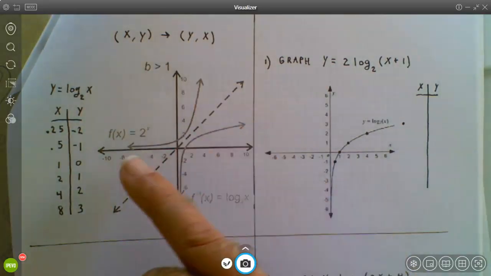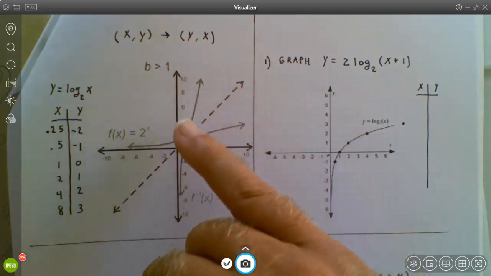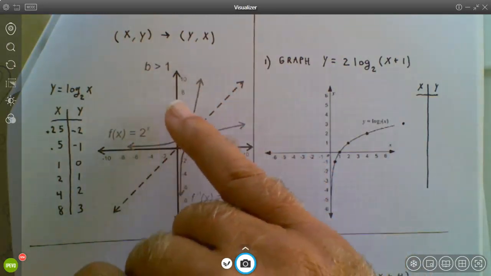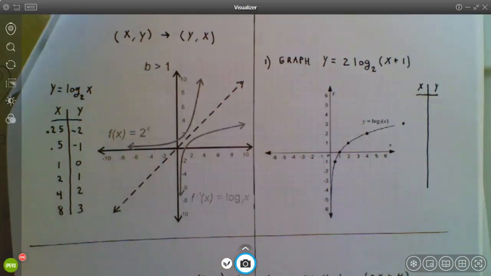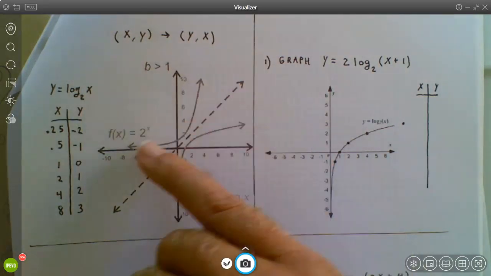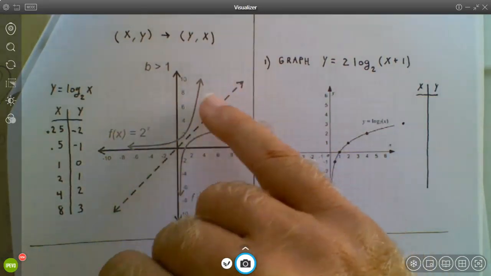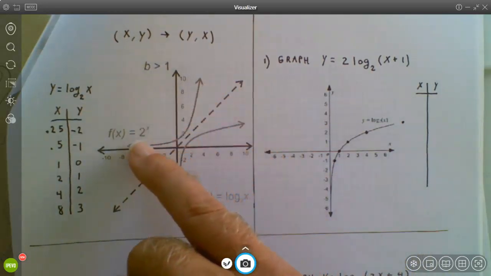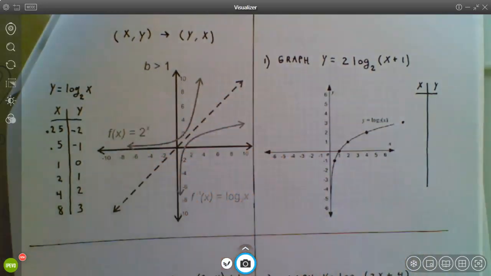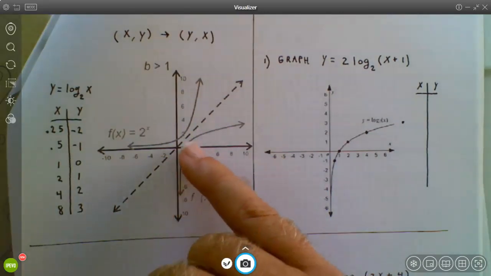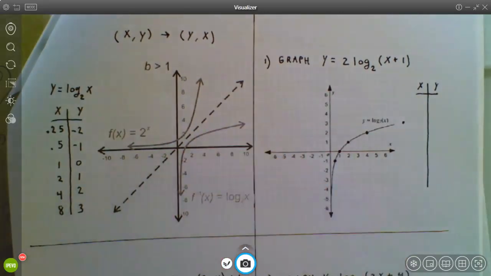We have this one would be the basic 2 to the x graph, because remember what we talked about is a log graph is simply the inverse or the reflection of that graph across our y equals x right there, right? So if I took this graph of 2 to the x and reflected it across that dotted line, I get the log base 2 of x as its inverse right there on the other side.